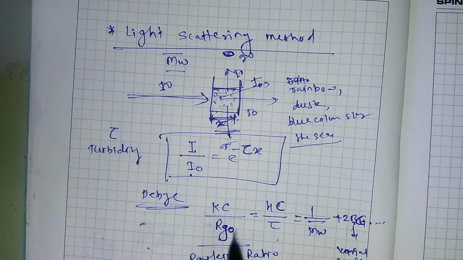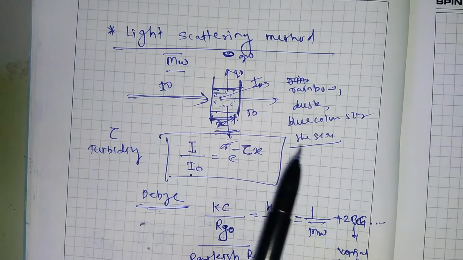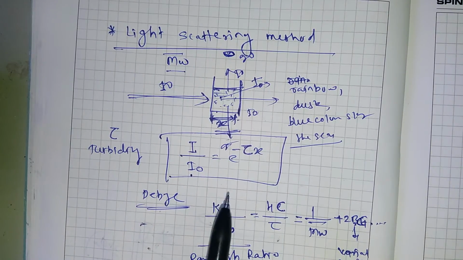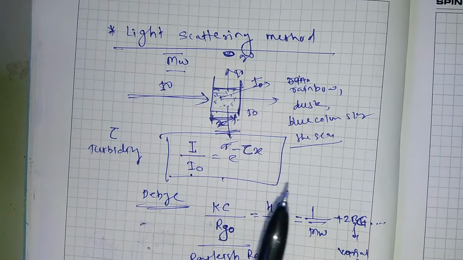These equations hold good only for particles which are smaller than the wavelength of the light used. Remember that this equation is only for particles which are smaller than the wavelength of light used.